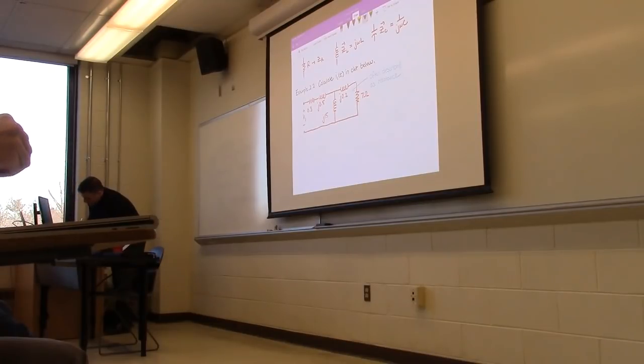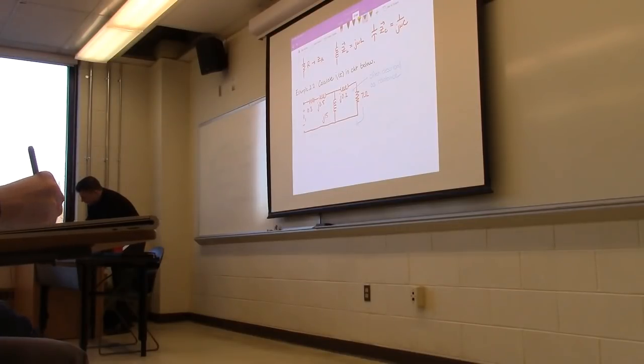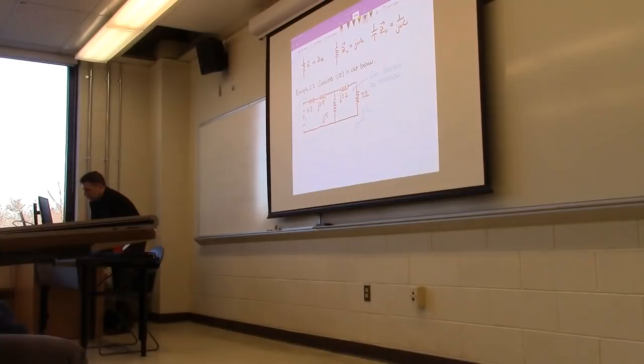There's two currents that we are concerned with, I2 and I1. Okay, so how are we going to solve this? I'm not asking for numbers, just the basic procedure.